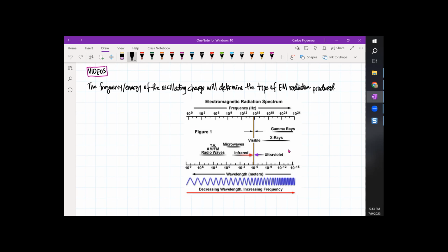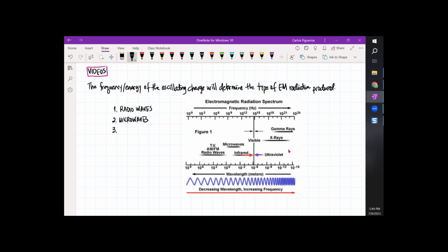Now, I'm going to separate these two. I shouldn't, but they're typically separated. One, there's radio waves, and a lot of times people will separate microwaves and radio waves. They're actually one and the same. Microwaves are on the higher end of the radio wave spectrum. This image doesn't show that, but that's what it really is.